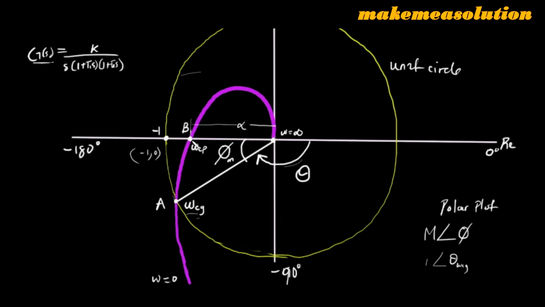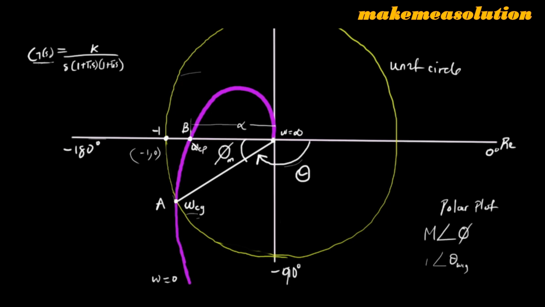You can simply say that the phase crossover frequency is the frequency when the phase of this system is minus 180 degrees.